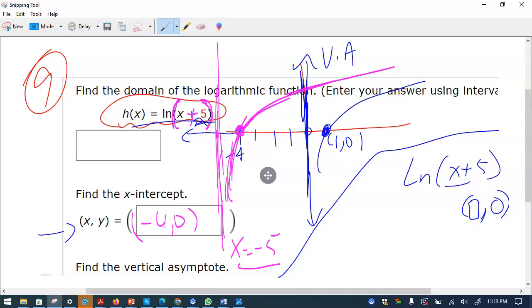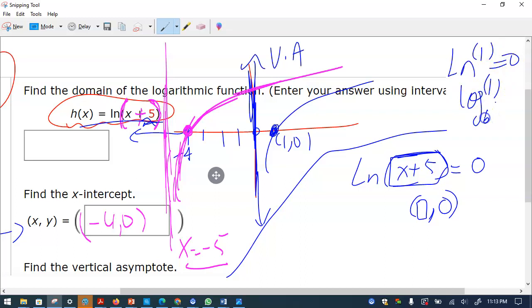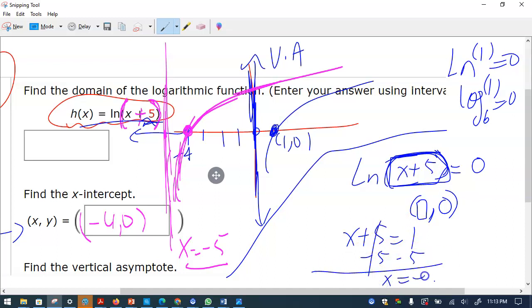So when is the logarithm of the input 0? Only when this part is 1, because we do know ln of 1 is 0, or the logarithm of 1 to any base is always 0. So all you do is put the parenthesis x plus 5 equals 1, and then you subtract and you get x equals minus 4. So this answer, which I put a box around, is minus 4 comma 0, and this is how you figure out the x-intercept.